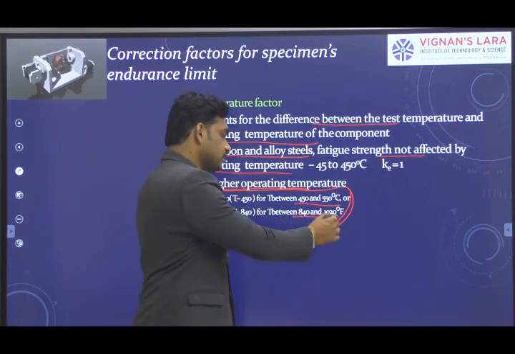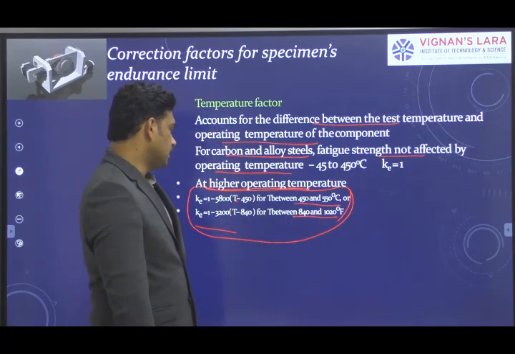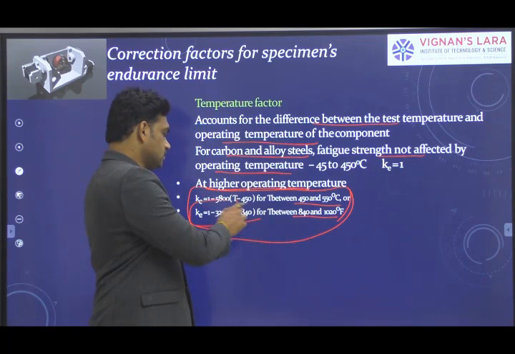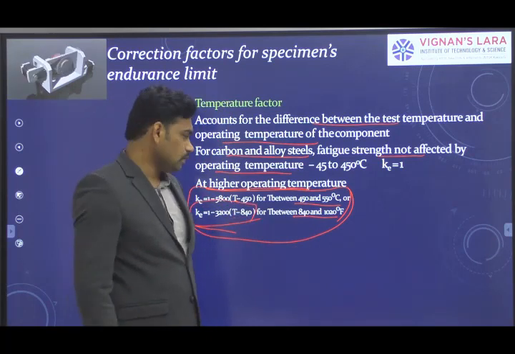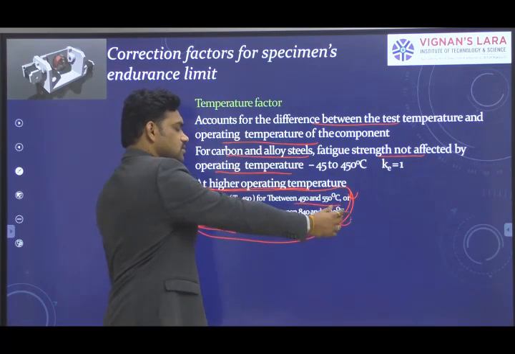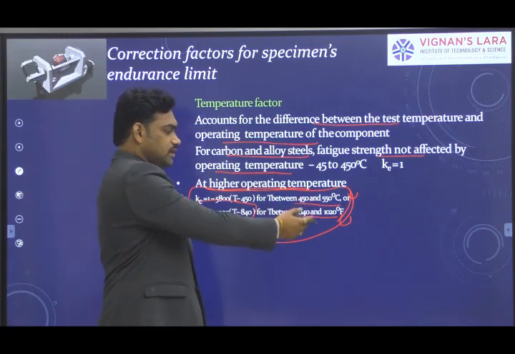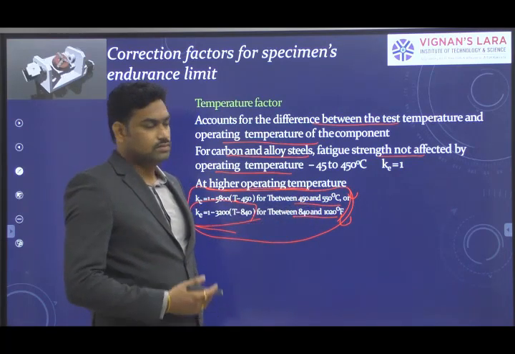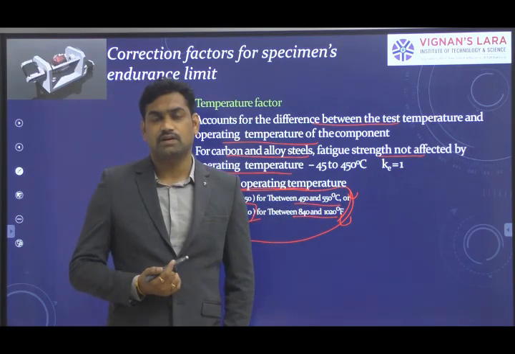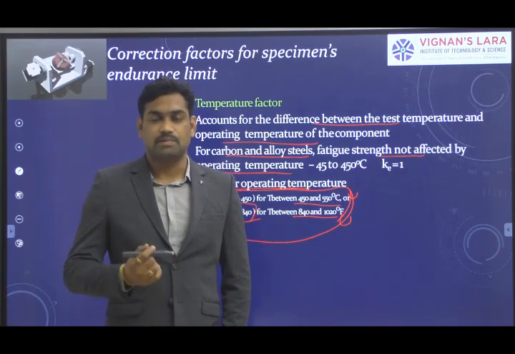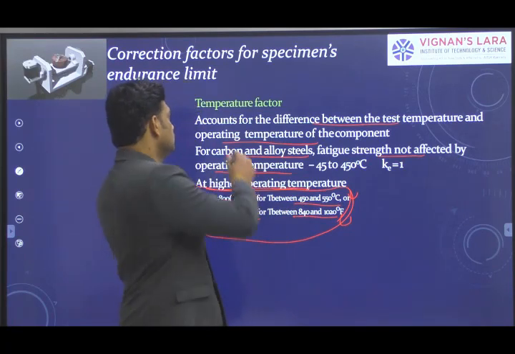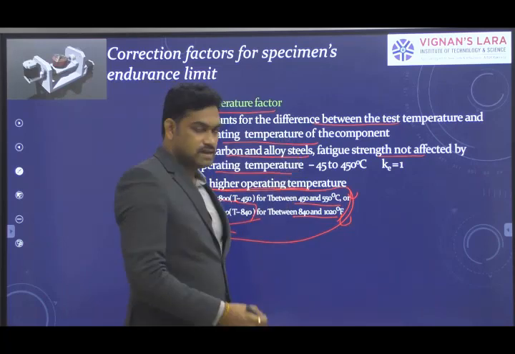If it is between 840 to 1000 degrees Fahrenheit, we can consider the other relation. Based upon centigrade or Fahrenheit, you can use either this relation or that relation. So this is the relation for the temperature factor, denoted by Ke here.